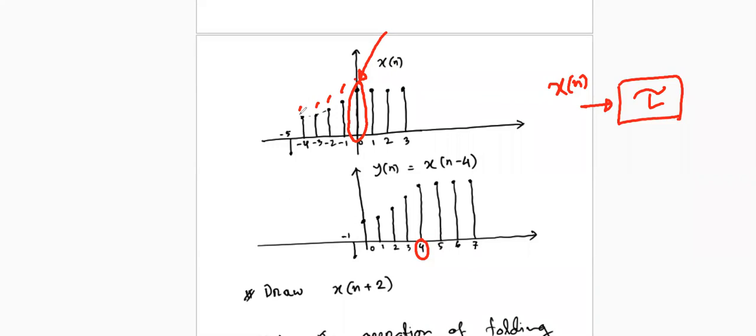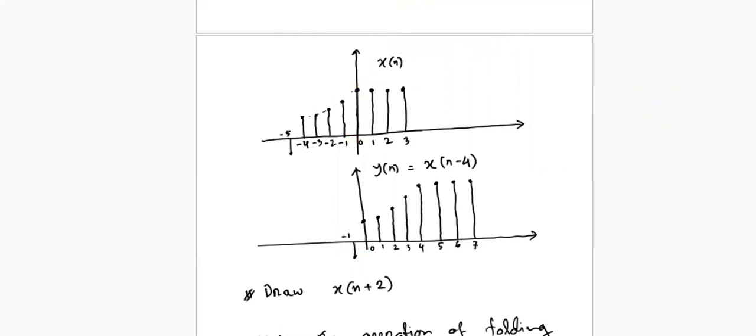This sample is now at the 0th location. That means your system will face this sample. So these are the present, these are the future samples that will be faced by this system, and those are the past. Past means they have already gone through the system. They have already been processed by the system. So this is a delayed system.